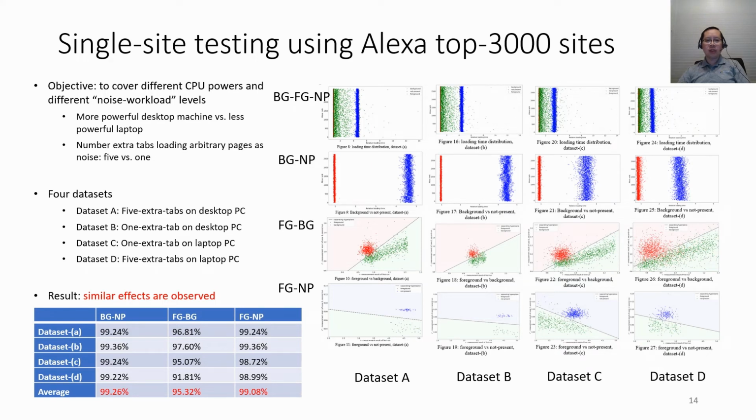We have 4 datasets. Dataset A is the scenario with 5 extra tabs on the desktop PC, and dataset B is 1 extra tab on desktop PC. Dataset C is 1 extra tab on laptop PC, and dataset D is 5 extra tabs on laptop PC.